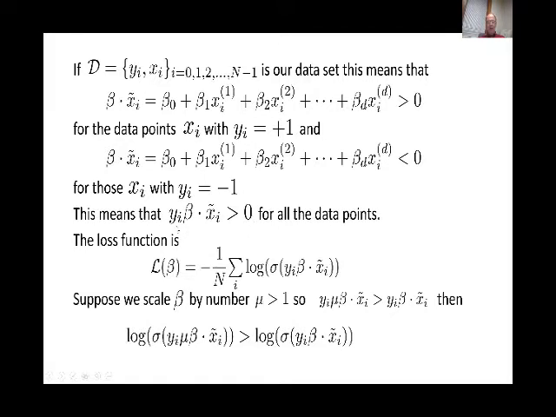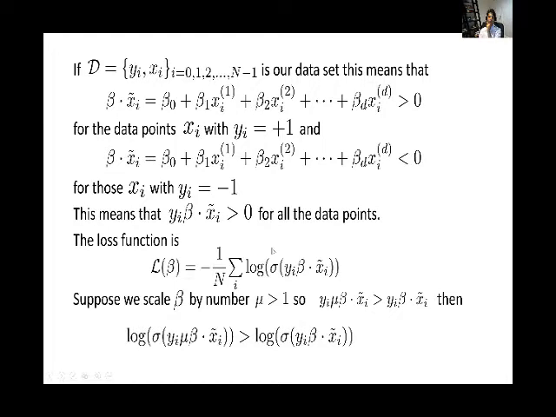If yi is -1, that's when this expression is negative, and so -1 times the negative thing is positive. So in any case, this expression is always positive for all the data points.